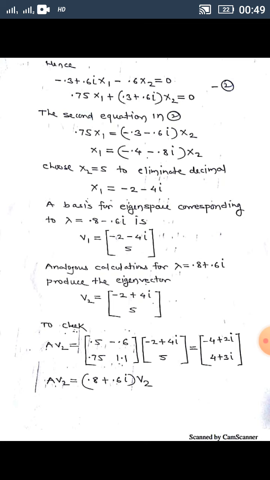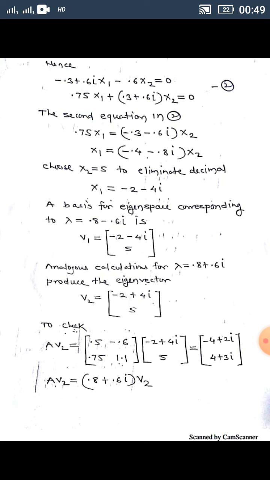If we choose x2 equal to 5, 5 into 0.4 will become 2 and 0.8 into 5 will become 4. So x1 will become minus 2 minus 4i. We choose 5 in the place of x2, so that the corresponding bracket becomes minus 2 minus 4i.